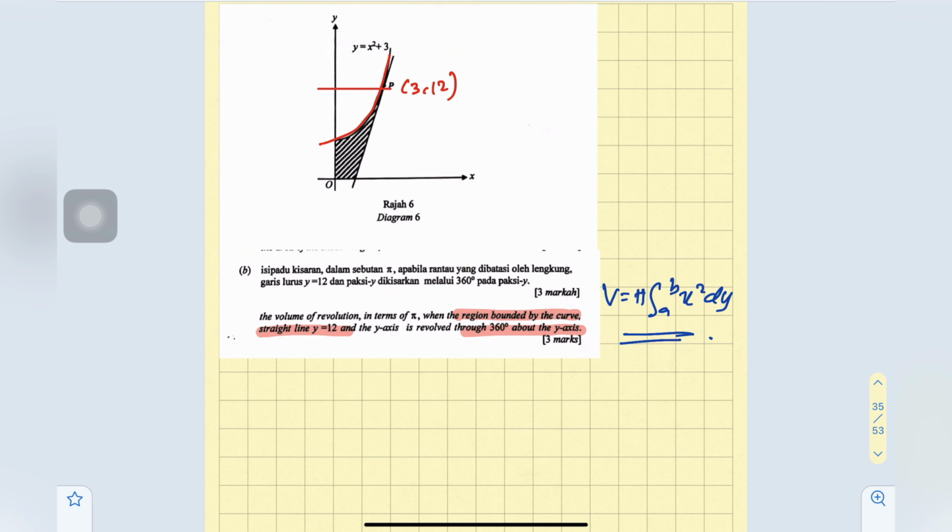Then the y-axis. So to find the bounded region, it is this one. This shaded region we revolve about the y-axis. So before that, we need to know its boundaries.